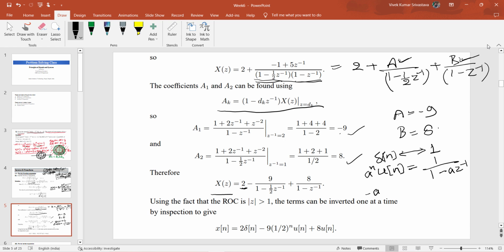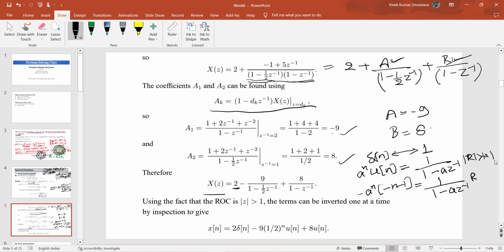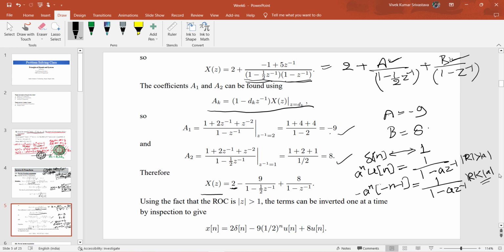Similarly, for minus a raised to the power n u[-n-1], this kind of signal, the z transform remains the same. Only the ROC is changed here. For this signal, the ROC will be greater than mod of a, whereas for this the ROC will be less than mod of a, as we have seen in the previous class. So by using this we can easily take the inverse z transform here.